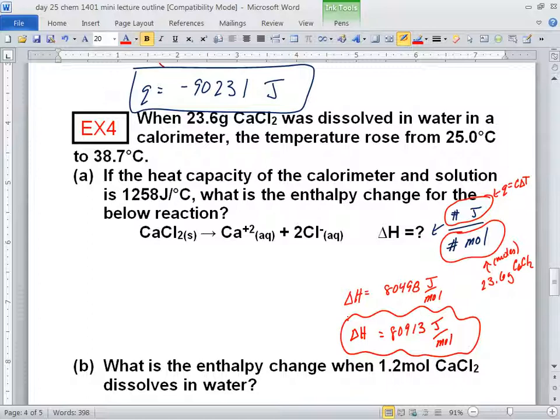Releasing. It's releasing. Temperature's going up. Yeah. So it's absorbing it, right? It has to absorb a lot of heat to go up. So that should definitely be a positive sign, right? Or you don't even have to write anything. Just leave it alone. So if you got it, go on to part B.